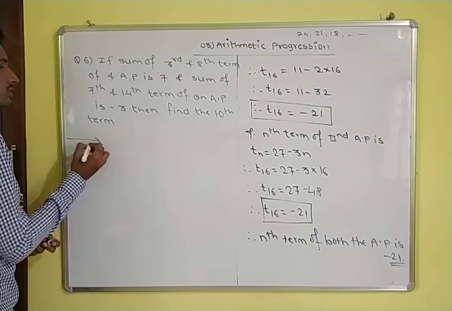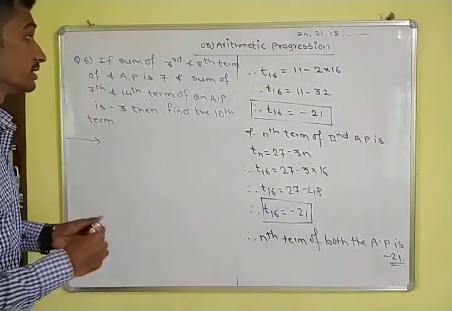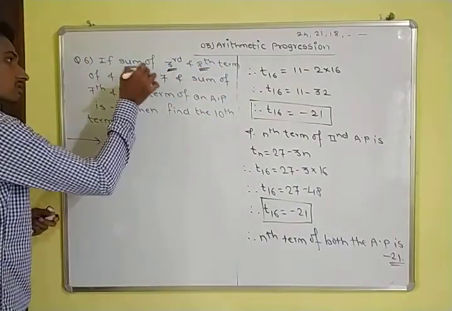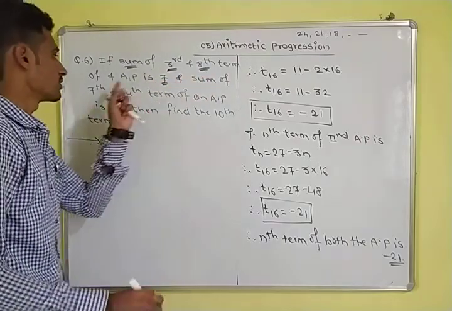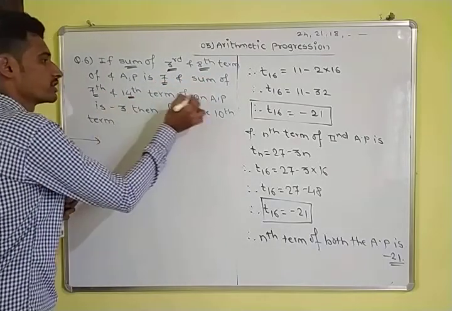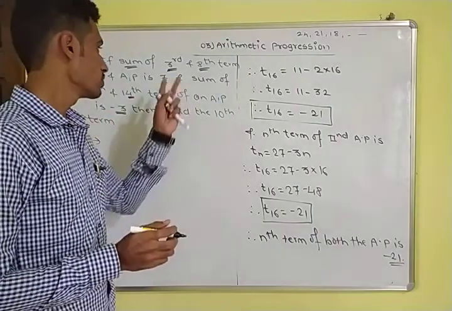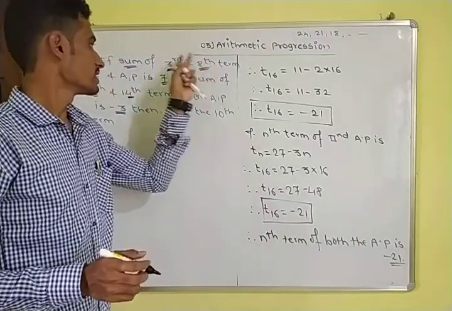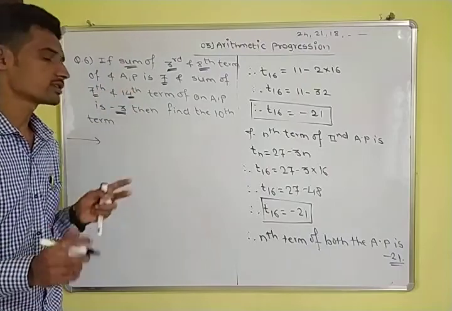Okay, so the given question is that the sum of the third and eighth term is 7, and the sum of the 7th term and 14th term of an arithmetic progression is minus 3. So there are two conditions. First one is T3 plus T8 is equal to 7 and T7 plus T14 is equal to minus 3.